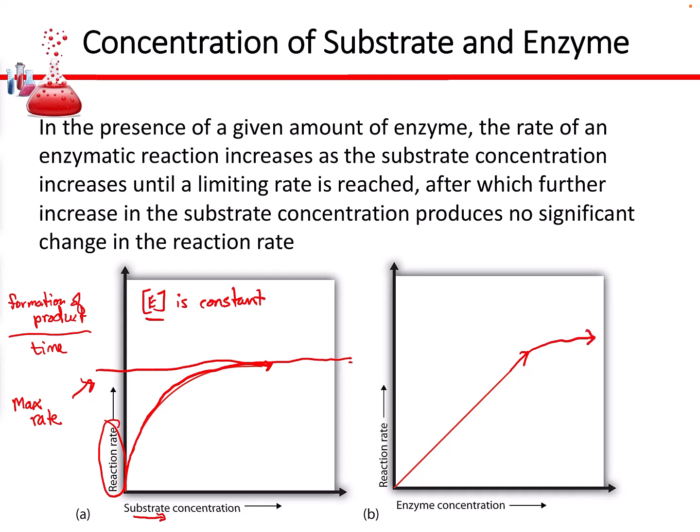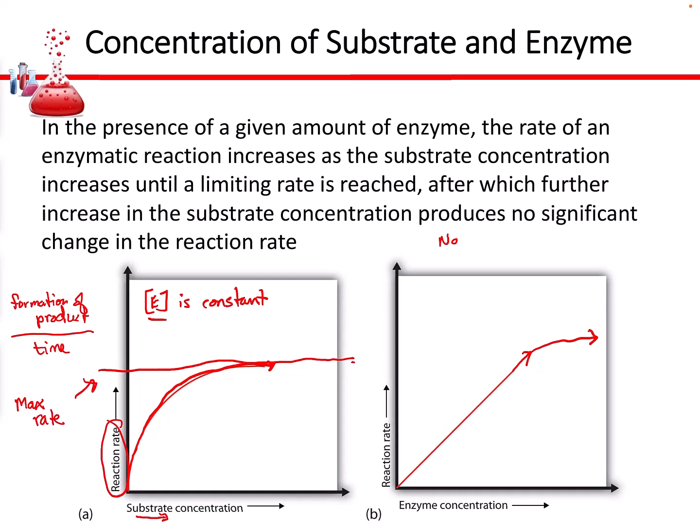However, if you had a fixed amount of substrate, you would see that this line would then flatten, and that would just indicate that you have no more substrate present that could be converted into the products at that point. You've used up all the substrate.